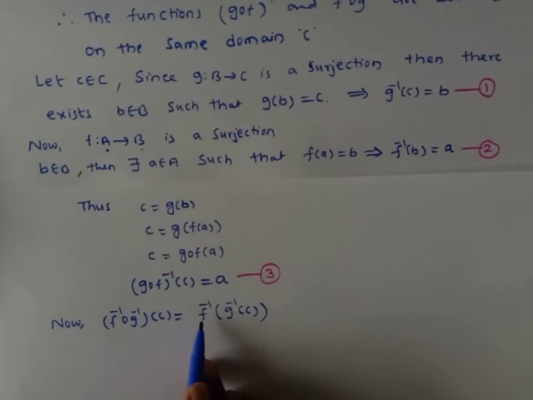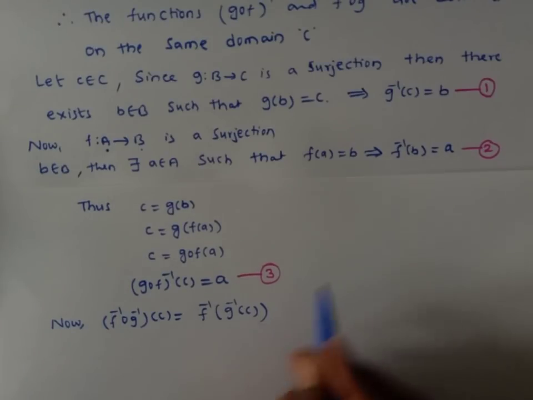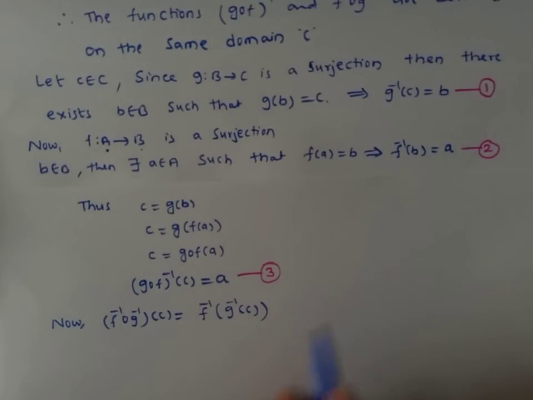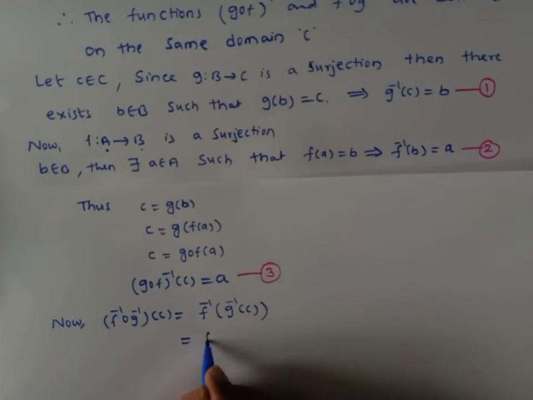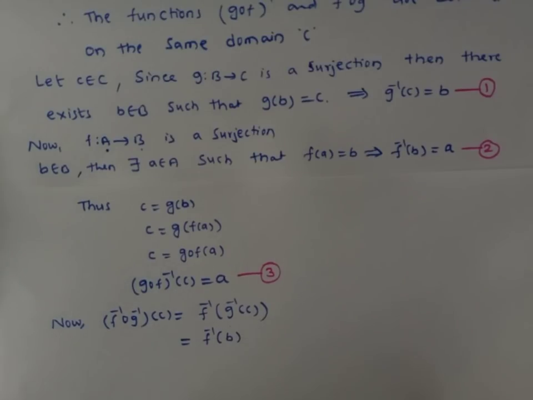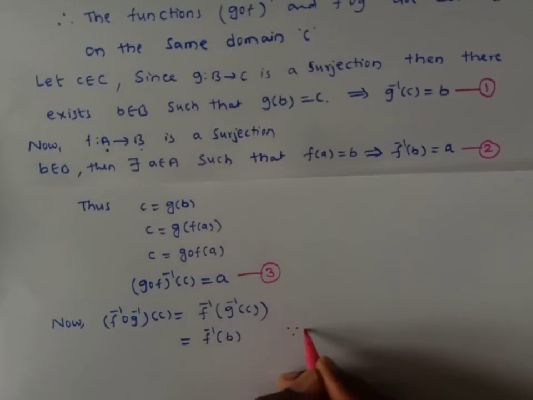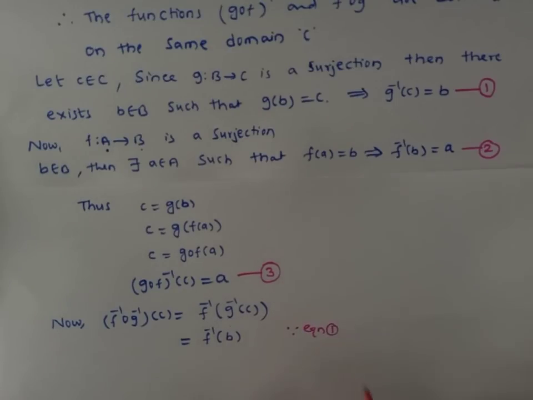In the same way, here F inverse means a function. So F inverse of G inverse of C, that's it. Now here you can use G inverse of C, which is nothing but B, right? Now here I'm writing this as F inverse of B. Here you can use equation 1, since from equation 1, G inverse of C can be written as B, and F inverse of B can be written as A from equation 2.